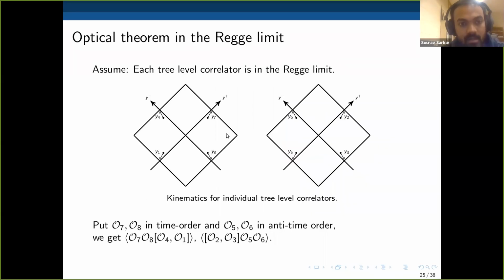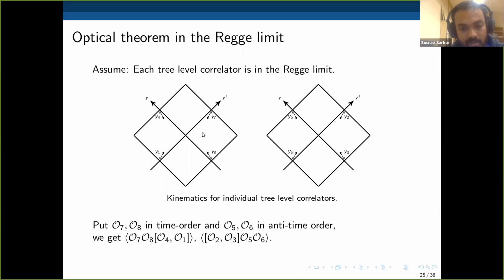So with that background, now let's see how we can apply the optical theorem in the Regge limit. So we had a gluing of two correlators. What we assume is that in the Regge limit, each of the tree level correlators is also in the Regge limit.